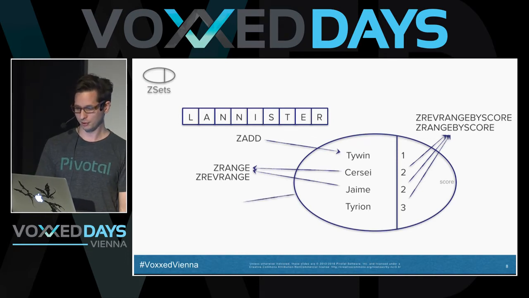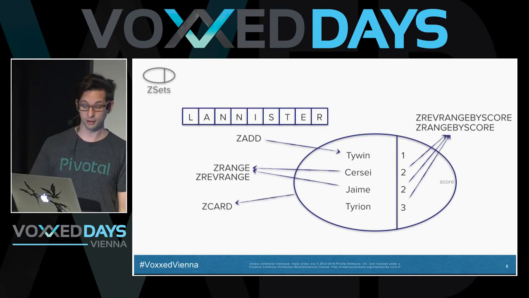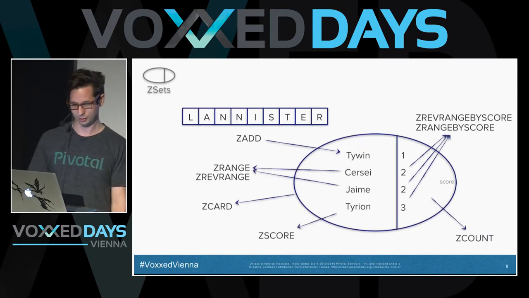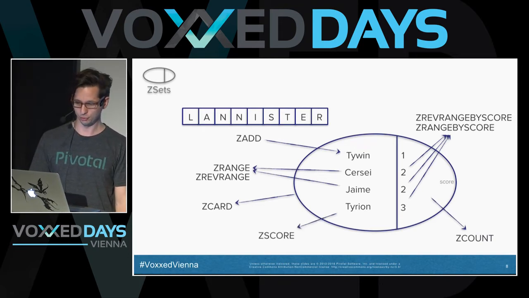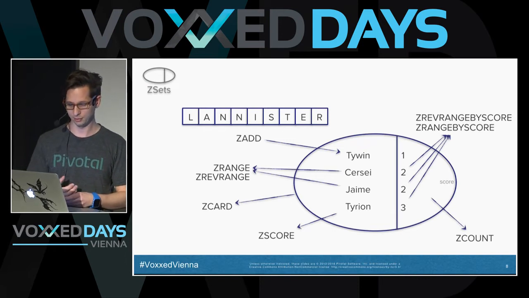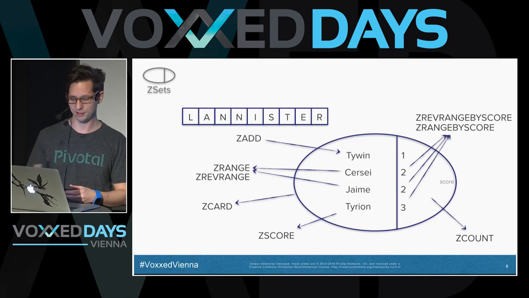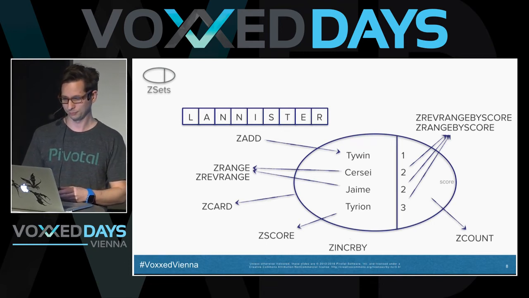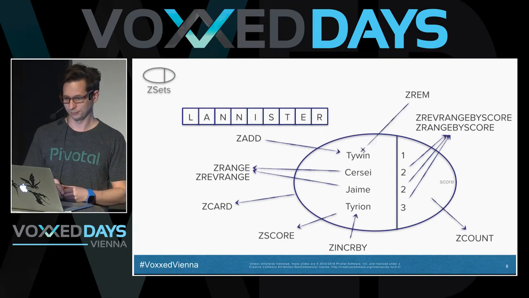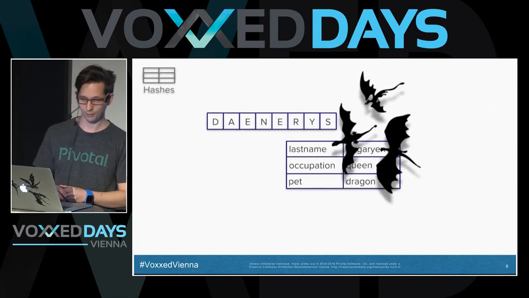And you can reverse that stuff, and you can ask how many are there using the zcard command. You can count that stuff, and you can ask for a certain score, which would be the position in the set, using the zscore command. Great, and you can increase the score if you want to. And of course, remove that stuff.